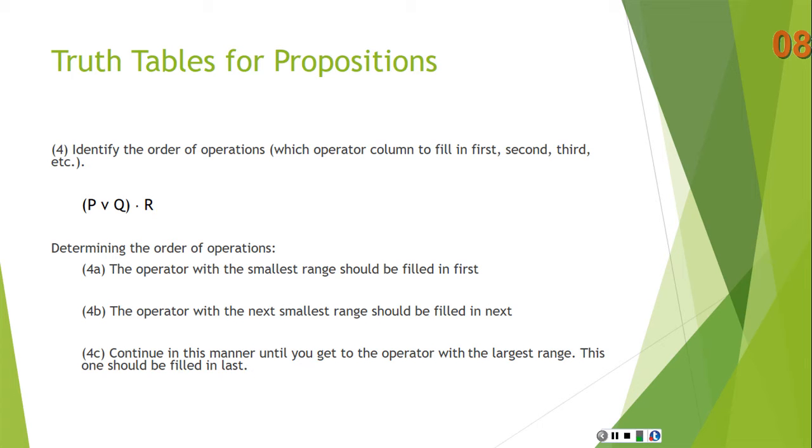Now, there's a reason that the order of operations matters. In order to determine the truth value for this, you're first going to need to know the truth value for that, as we'll see.